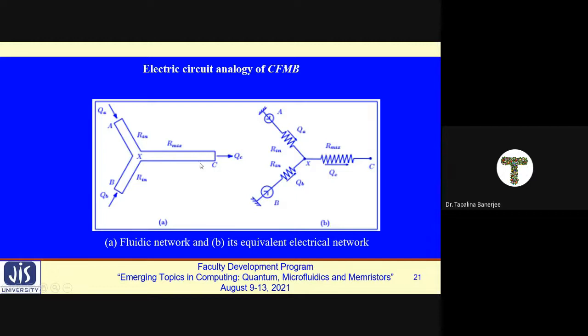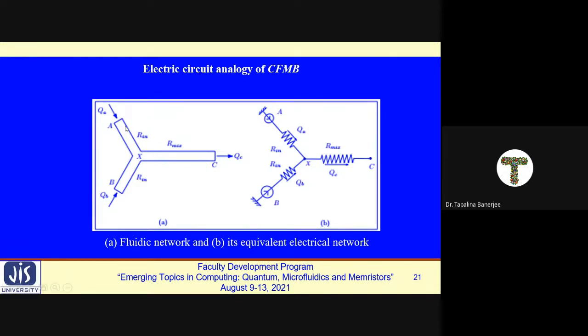Similarly, hydraulic resistance is correlated with electrical resistance in its equivalent electrical network. So let's see this example. It will help us to analyze the behavior of a microfluidic channel network. Okay, let's see.